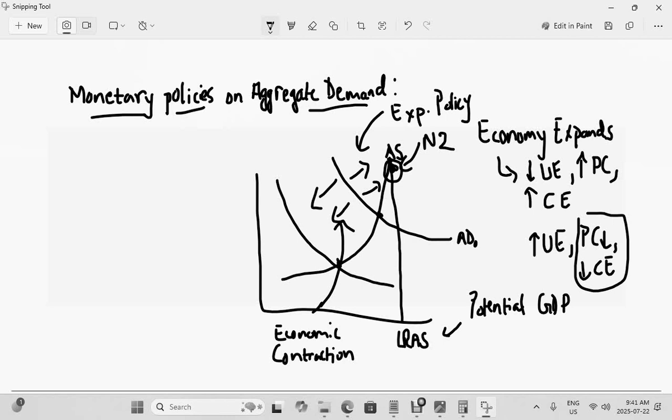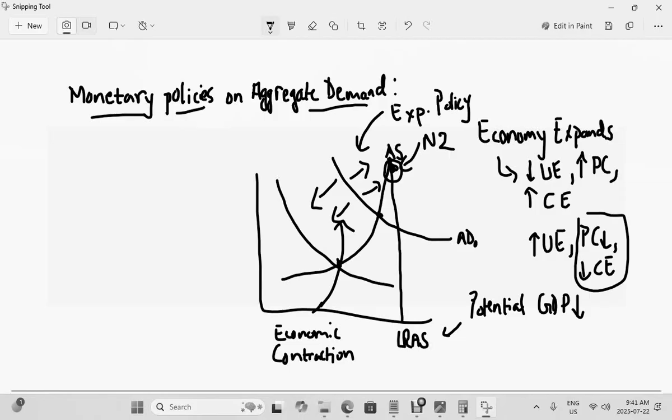All right, and because there's an economic contraction, your real GDP will go down. Your real GDP will contract as well. So this is the impact of monetary policies on aggregate demand. Now, to counter this impact, we have counter-cyclical monetary policies.